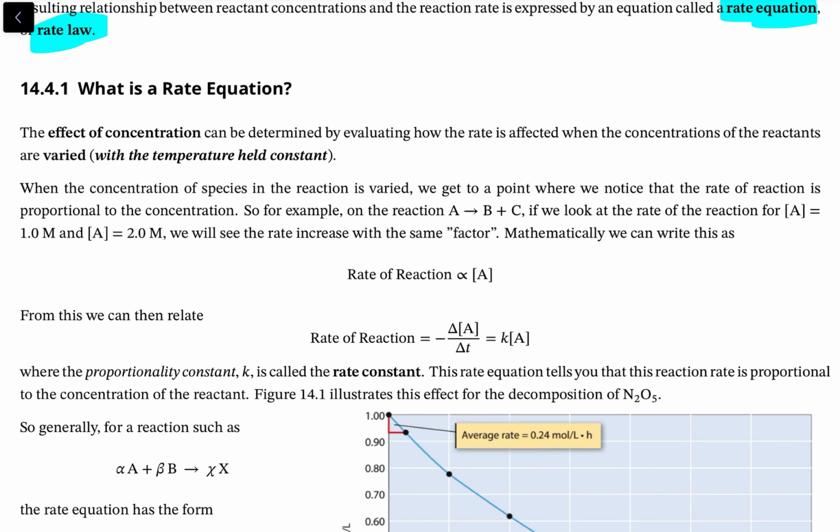So you know that we can determine the effect of the concentration, given that we keep the temperature held constant, if we, for example, vary the concentration. So let's set up an experiment where we vary the concentration of our reactants in order to see how our rate responds.